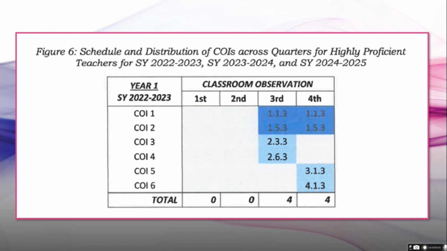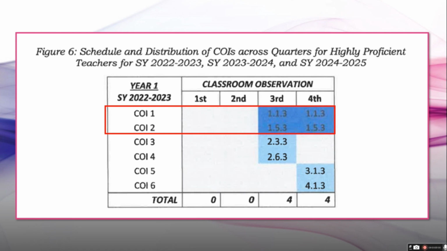Let me mention as well the figure 6, the schedule and distribution of classroom observable indicators across quarters for highly proficient teachers, and this is for year 1 of the multi-year guidelines, which is this school year 2022 to 2023. So the classroom observable indicators 1 and 2 will be observed during the 3rd and 4th quarter.